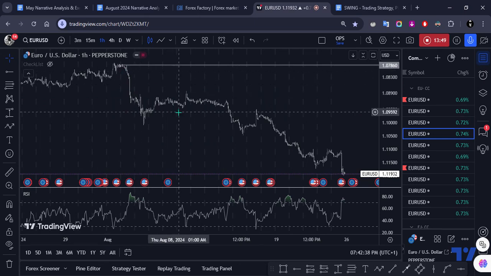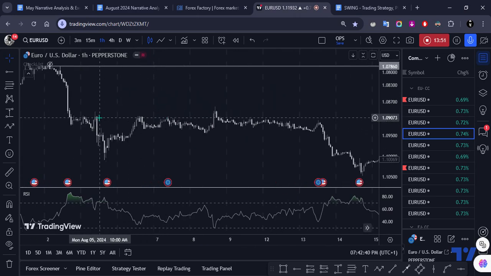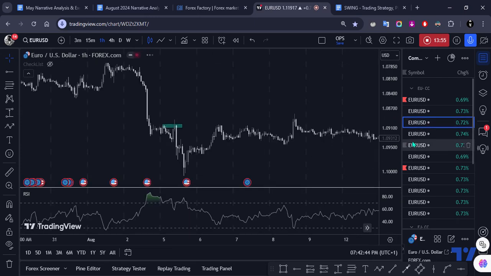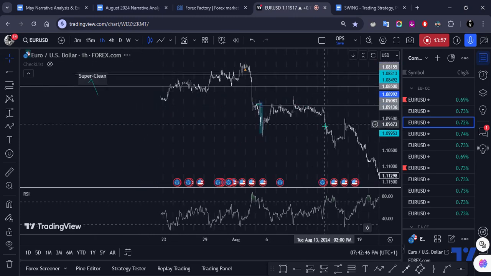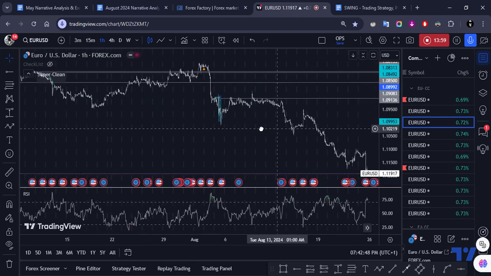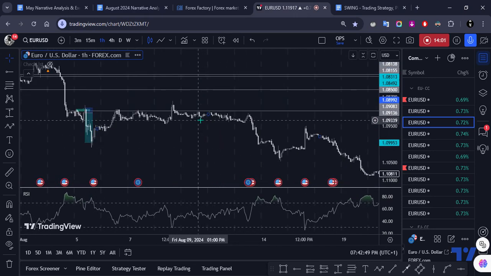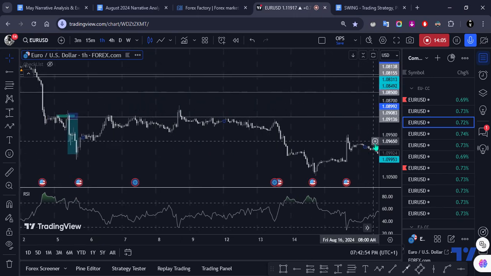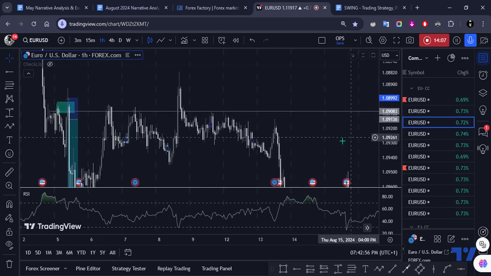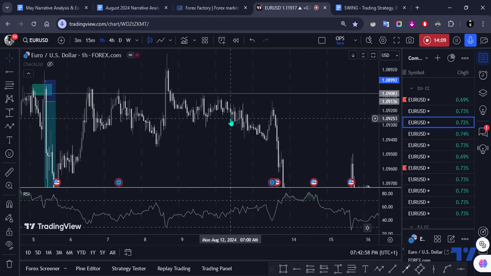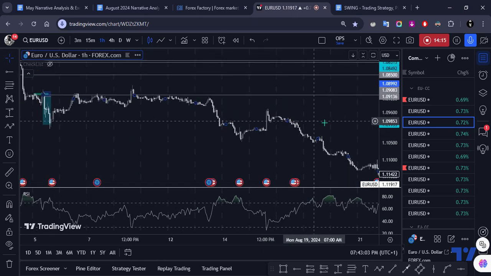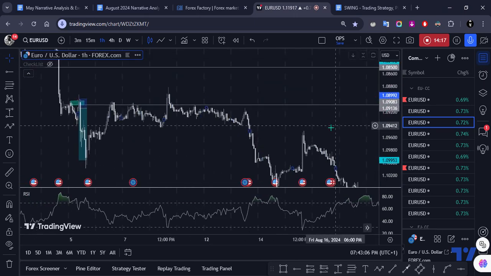August 02. The narrative and the price. See what I'm seeing? Why am I not in this trade?